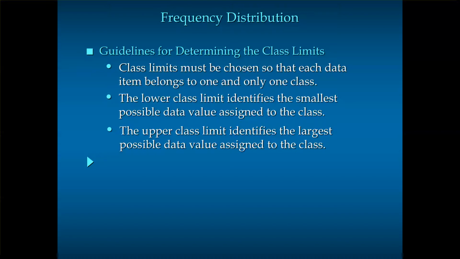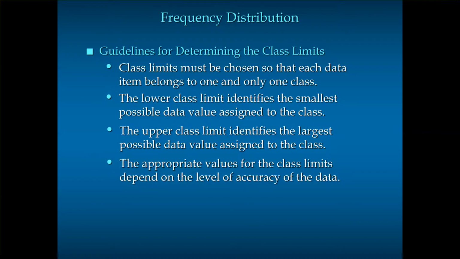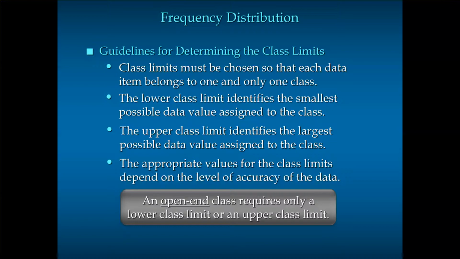So each class has two class limits: a lower class limit and an upper class limit. The proper values for the class limits depend on the level of accuracy of the data. An open-end class requires only a lower class limit or an upper class limit, which means it can extend to positive infinity or negative infinity.